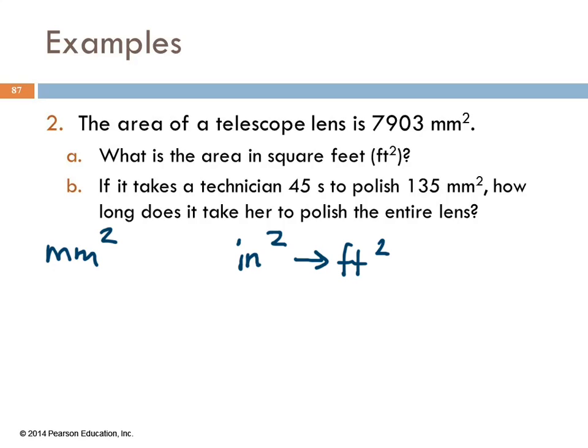So how about centimeters? Centimeters to inches. Do you know the relationship between millimeters and centimeters? Well, there's different ways of thinking about it. That's one that we're going to fudge a little bit. There's 10 millimeters in a centimeter. Okay, so there we have our path. Millimeters squared to centimeters squared to inches squared to feet squared.